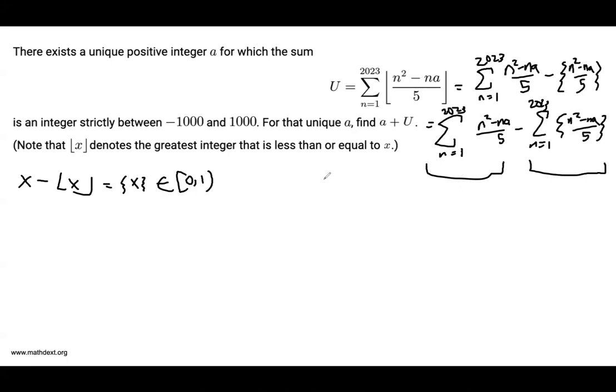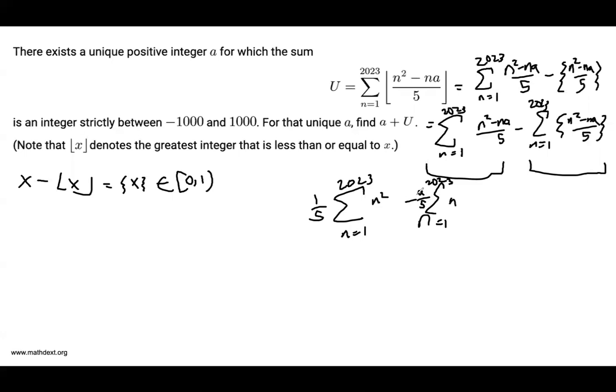First of all, this first sum we can further break into the sum of n squared over 5 minus the sum of n times a over 5, where n is from 1 to 2023 in both cases. We can factor out a 1 over 5 from the first one, and we can factor out an a over 5 from the second one.